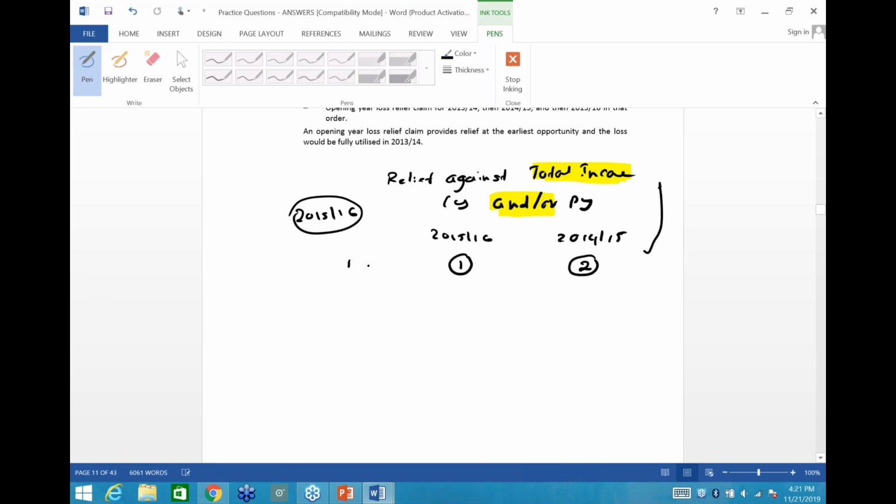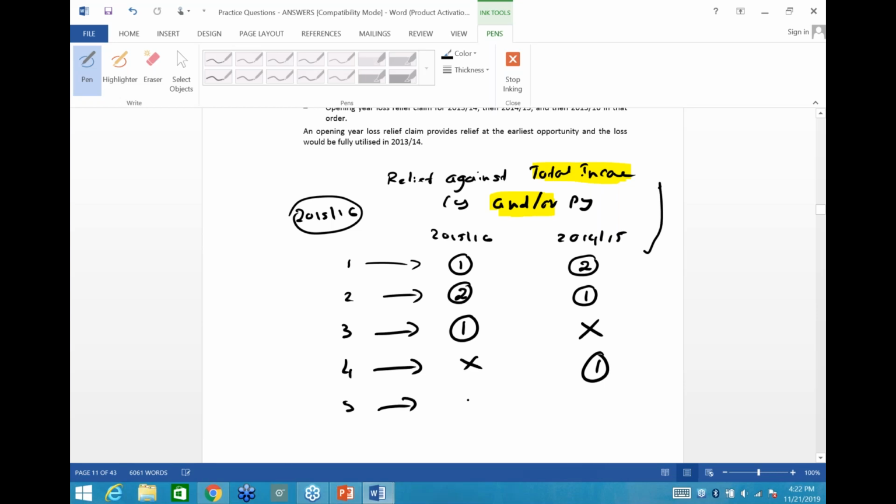That's one option. Another option is you can first set it off against the previous year, then against the current year, or else only against the current year, not against the previous year, or else use it only against the previous year, don't use it against the current year, or else neither the current year nor the previous year. So this is what we call relief against total income of the current year and or the previous year. This relief is applicable to any ongoing business.